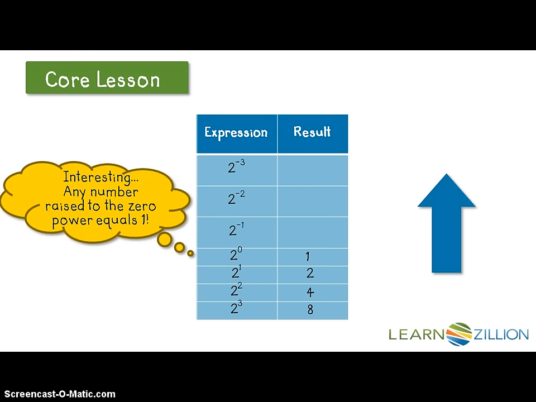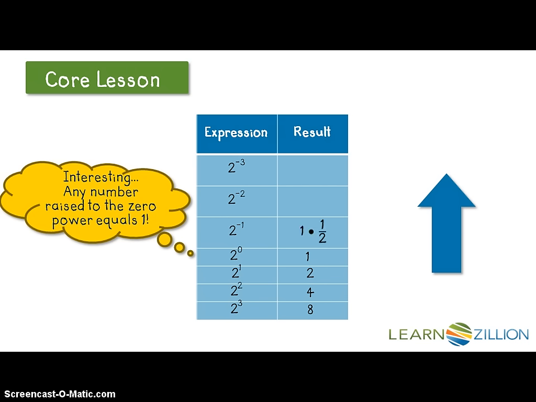So that's interesting. Any number raised to the 0 power is equal to 1. That is always the case. Any number raised to the 0 power equals 1. I would write that down if I were you. So let's continue this pattern now. If we take 1 and multiply by 1/2, what is 2 to the negative 1st power?